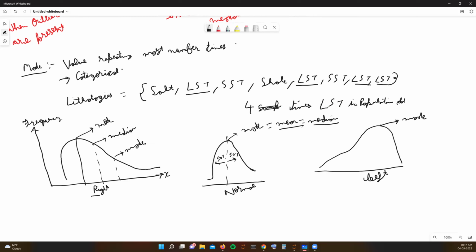So for right skewed distribution, your mean, oh sorry, I have said mode again, my mistake, it will be your mean, is greater than median, is greater than mode. For normal, mode equal to mean equal to median.